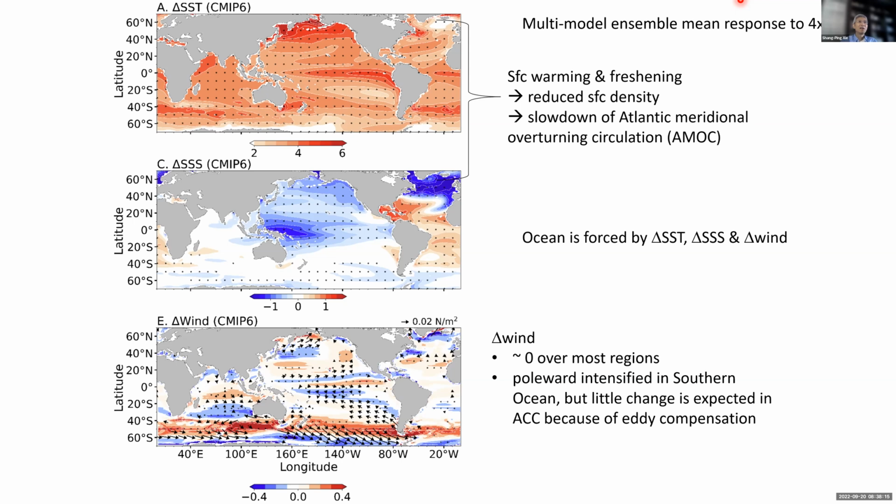So we are here to capture the so-called fast ocean response, or the transient stage of the coupled adjustments to CO2 radiative forcing. Certainly not equilibrium. Okay, great. Thank you.